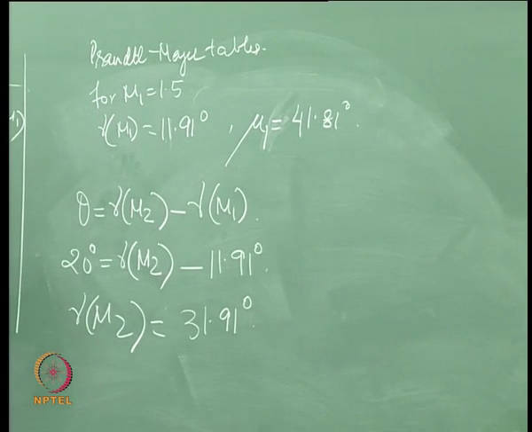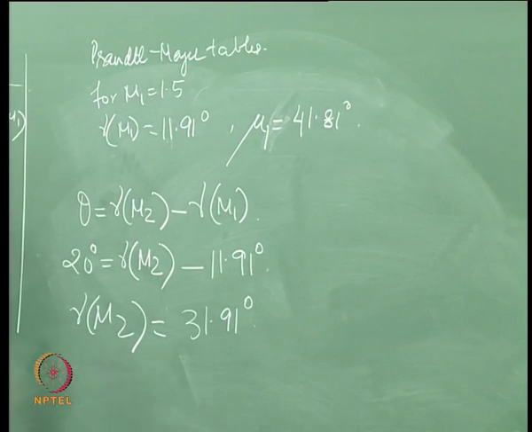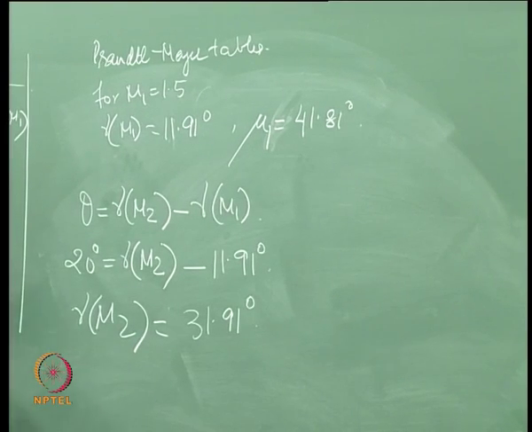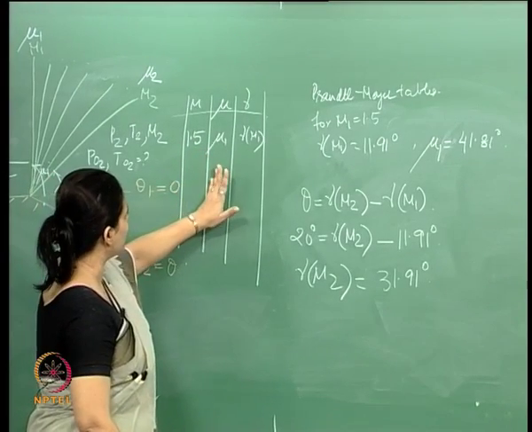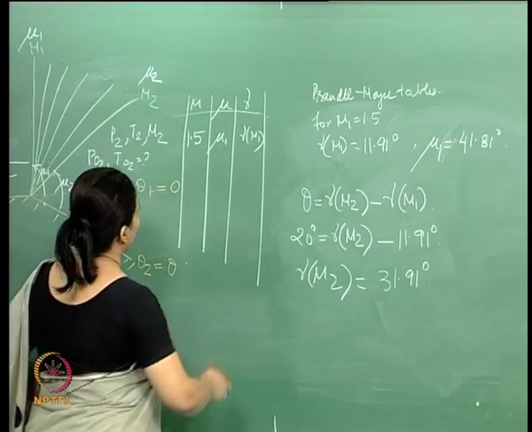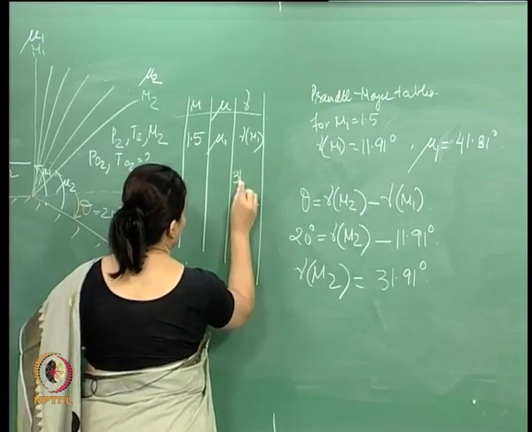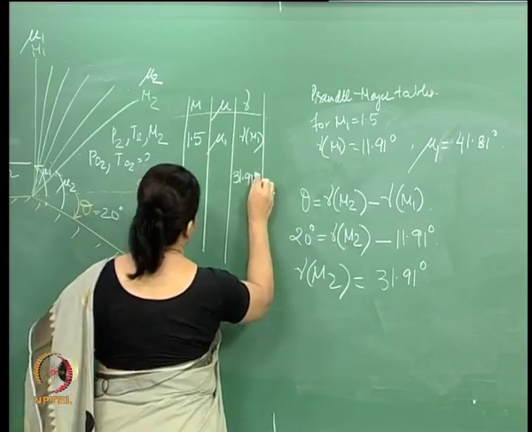Once we get this, we go back to the tables again. Now, instead of the Mach number or mu2, what we have available is the Prandtl-Meyer function.